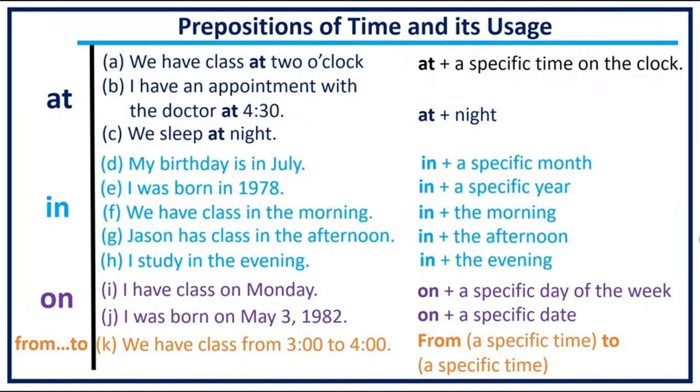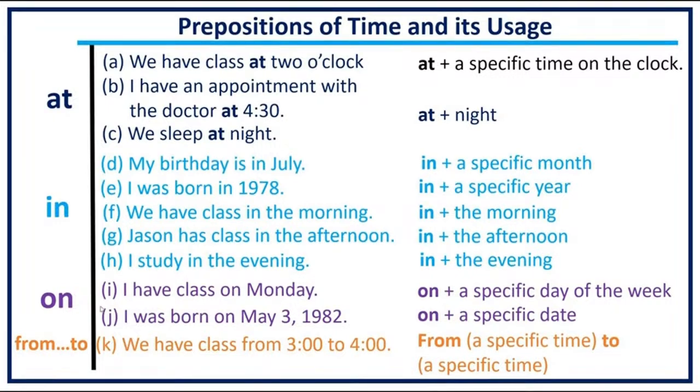And prepositions of time "on" is used for a specific day of the week. And "on" is used for a specific date. Alright? And "from" a specific time "to" a specific time. So that's the usage of prepositions of time and its usage at, in, on.